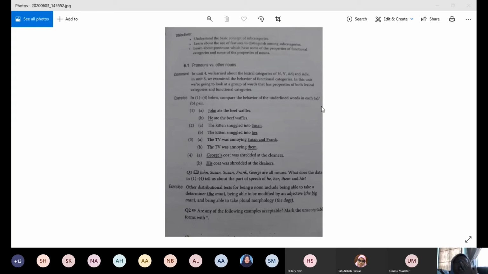So the grammar has to follow some criteria. So these are the criteria that they should conform to. So an explanatory adequate grammar offers an explanation for why the grammar is structured the way it is. This explanation might involve information from how children learn language to how people use language and how people perceive language psychologically.